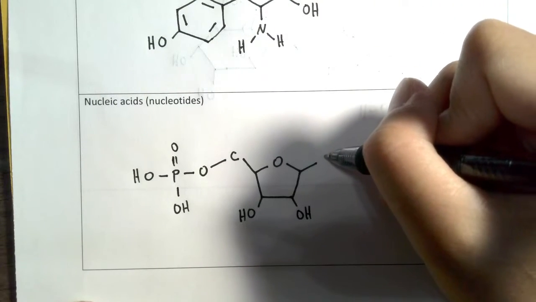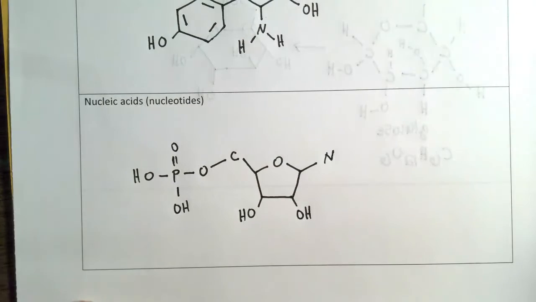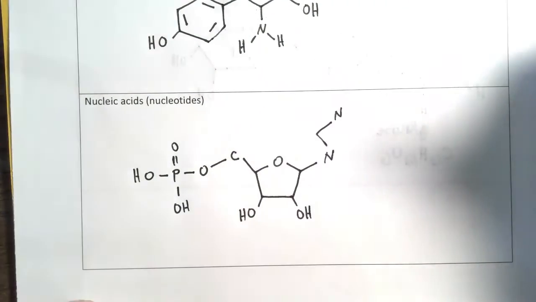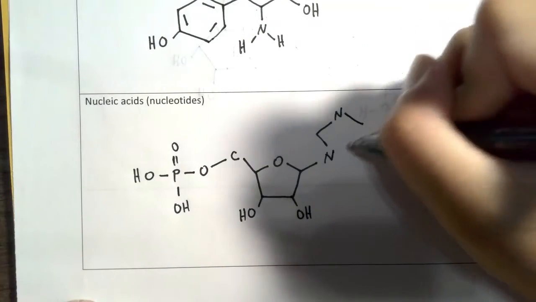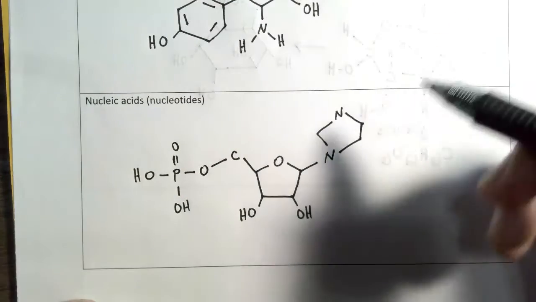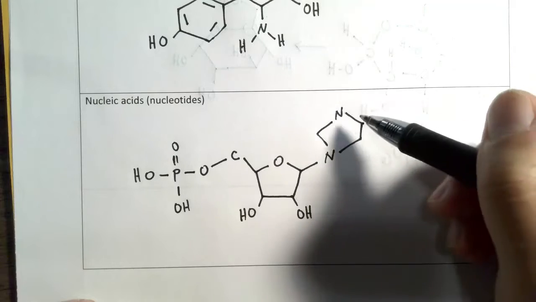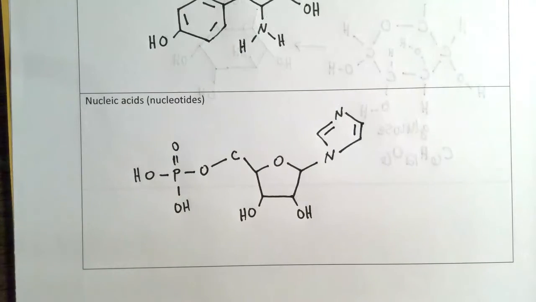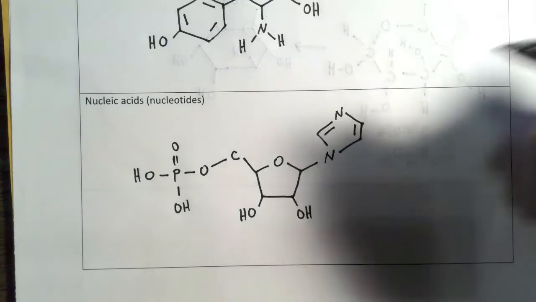So if you need to pause this video, go ahead and do so. But we have a nitrogen on that side. Okay, so another pentagonal shape. We have double bonds here. And then the last bit would be a hexagonal shape.